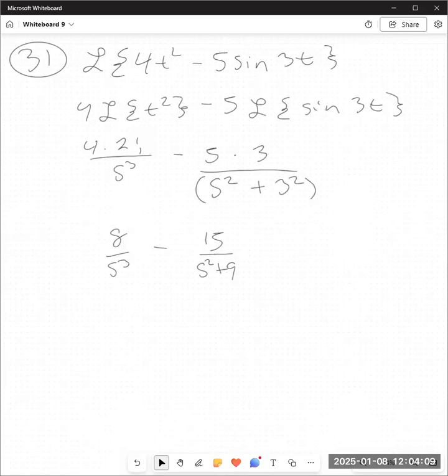So if we have capital F of s, the inverse Laplace transform of capital F of s, where capital F of s is the Laplace transform of a function we know, then we can write that as lowercase f of t, kind of like how you can differentiate an antiderivative to get the original function, that same kind of idea.